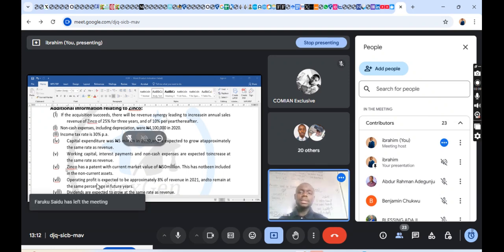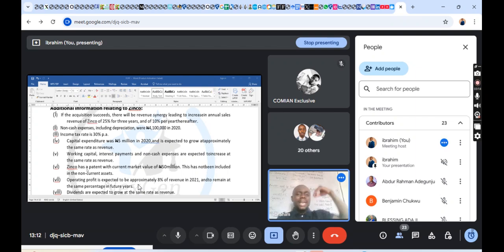Operating profit is expected to be approximately 8% of revenue. Class, when you want to get your operating profit, okay, I'm coming. Operating profit is expected to be approximately 8% of revenue in 2021 and to remain at the same percentage in future years. So in 2021, your operating profit will be 8% of the revenue.